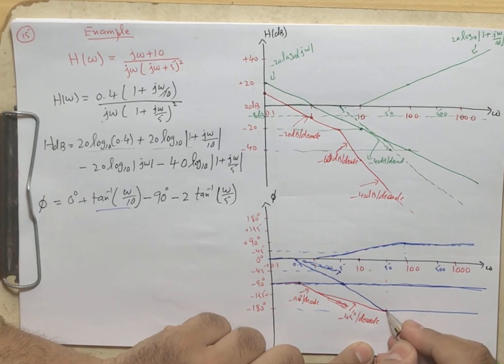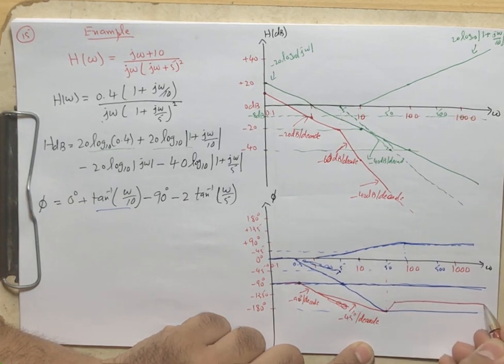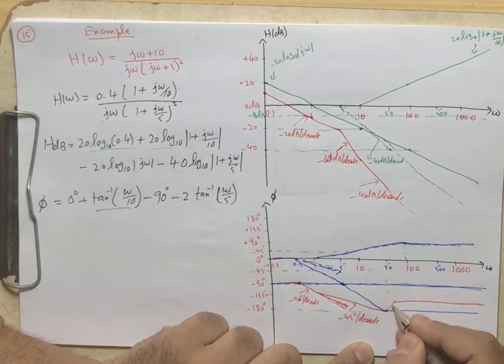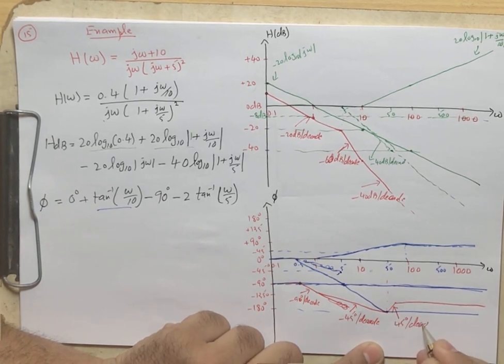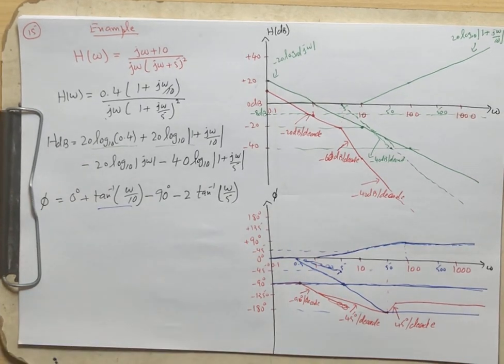So you will have a dip over here until 50, and then it will be a straight line over here. So you have 45 degrees per decade over here, and then all together it will be stable at some angle.